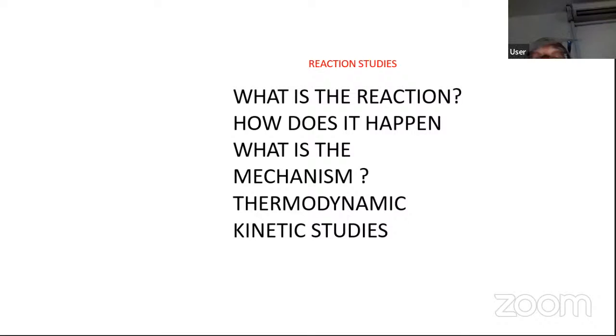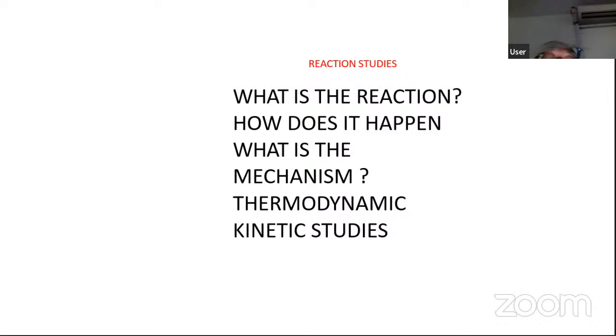That is thermodynamics. This is very important when you study the mechanism of the reaction, particularly substitution reaction. Okay, but thermodynamics cannot tell you how slow or how fast the reaction is.